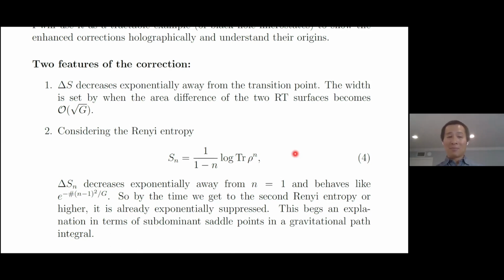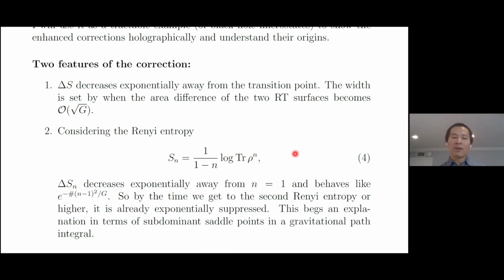The precise statement is that it will decrease exponentially, just like the function e to the minus (n minus 1) squared over g. So once n minus 1 is much larger than the square root of g, this correction has been exponentially suppressed.